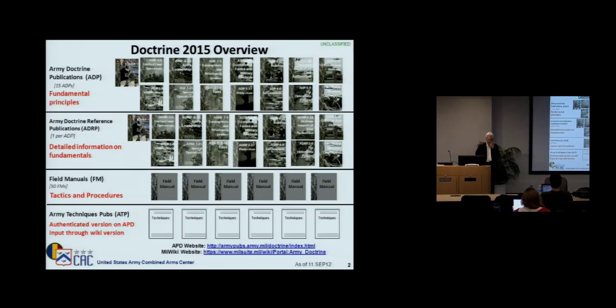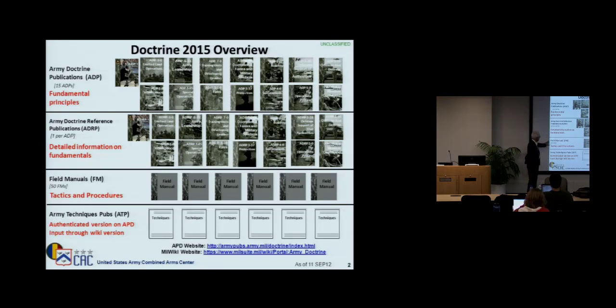And then there are some Army doctrine reference publications, which are short and very, very focused on fundamental principles, and these contain a lot of detailed information concerning those principles. But they more or less match the corresponding doctrine publications.